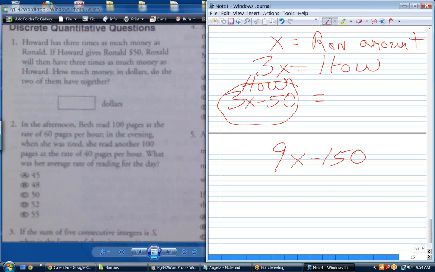So if Howard gives Ronald $50, then Howard has this much, and Ron has X plus 50.